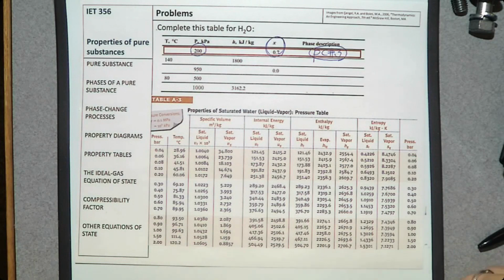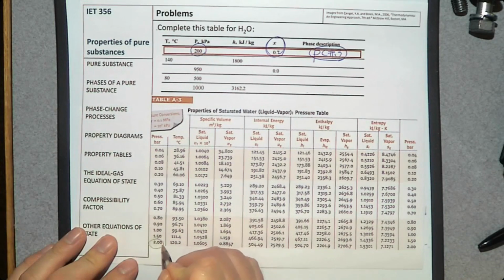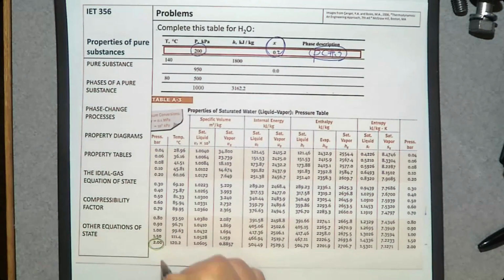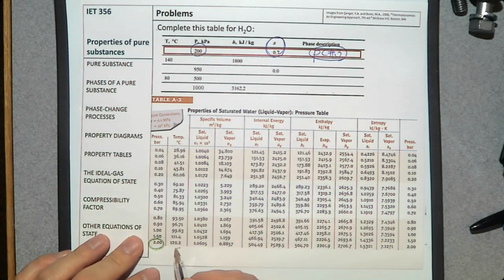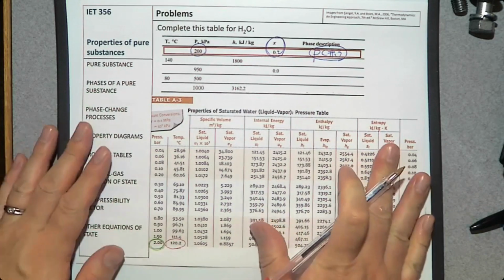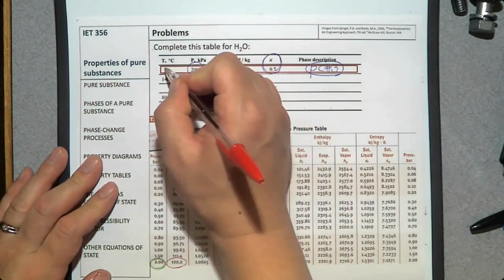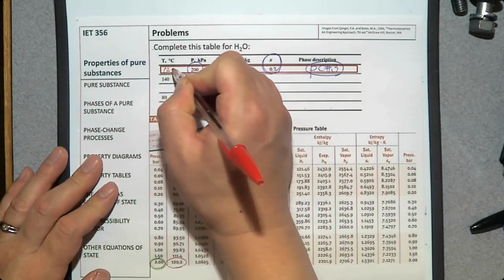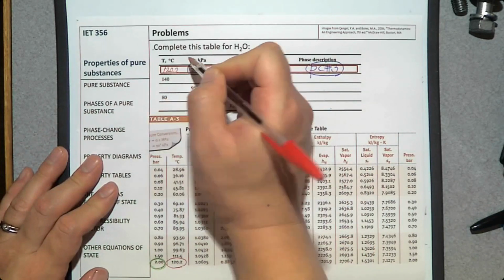Where is 2 bar? Right here. T sat, the saturation temperature, is the second column: 120.2. So the temperature is the saturation temperature, 120.2.